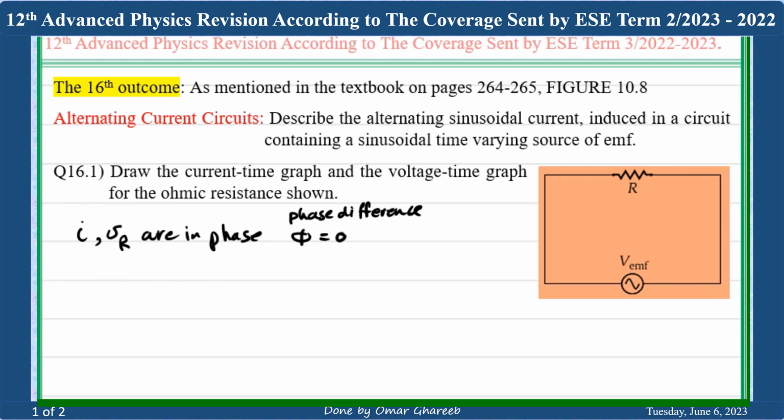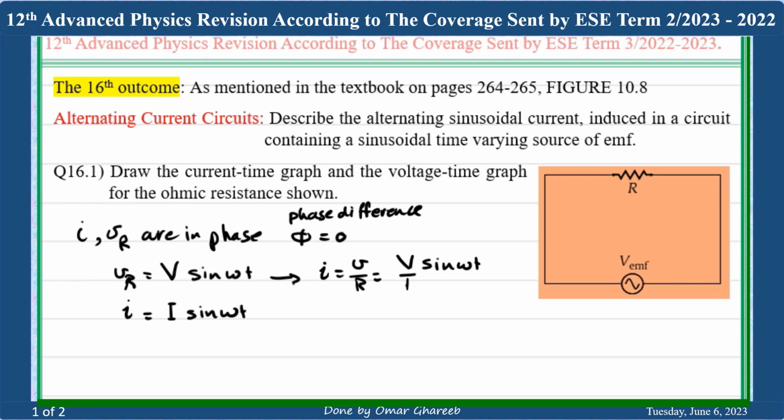Now, we know that VR for the alternating current is V, the maximum V, sine omega t. And i, the instantaneous current, is the maximum current, I, sine omega t. Why is this so? Because I equals V over R. V is V sine omega t over R. We name V over R as the amplitude of the current, sine omega t.